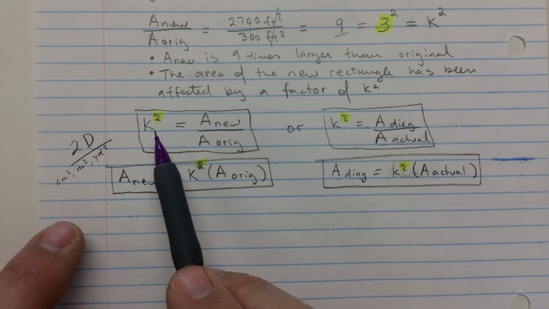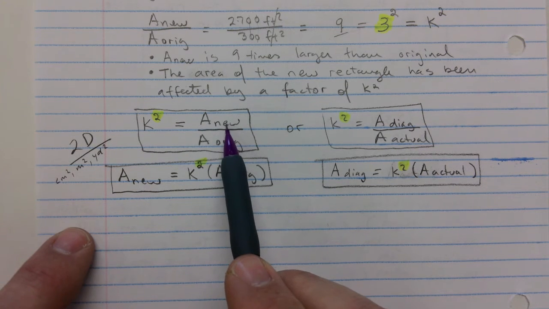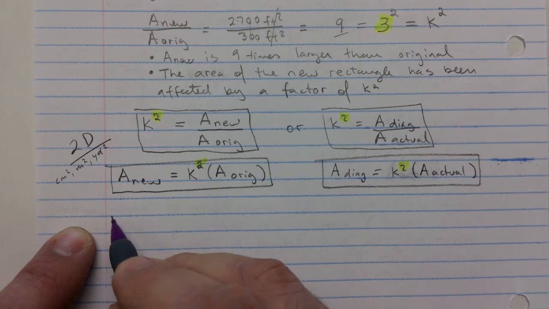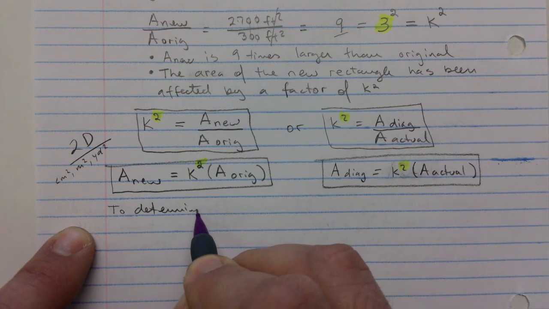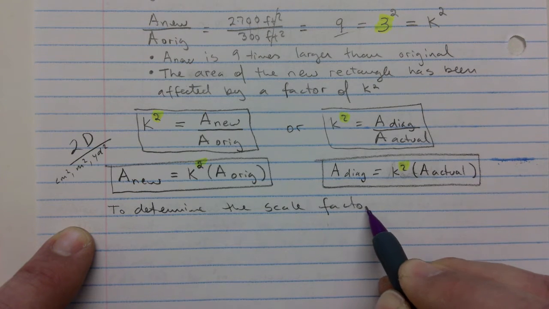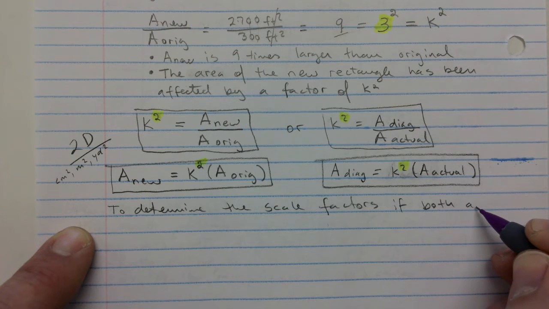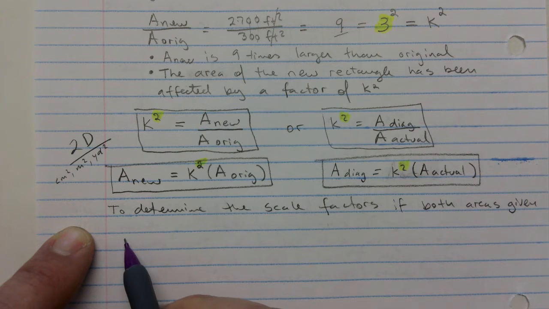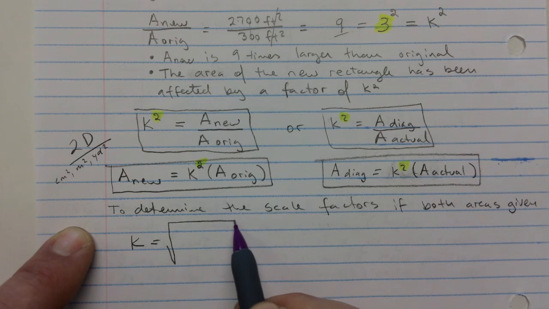Okay. If you wanted to know what the scale factor is, if I gave you both areas, of the new and of the original, to determine the scale factor, if both areas are provided, both areas given, we go k is the square root of, right?